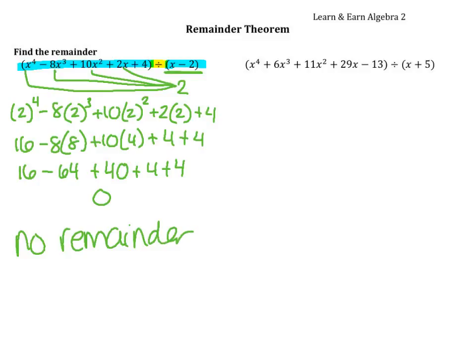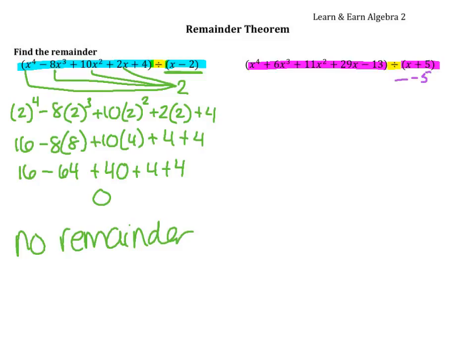We have this polynomial divided by x plus 5. Because this says x plus 5, we are going to turn that into a negative.